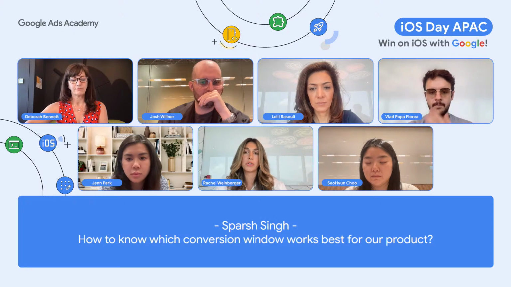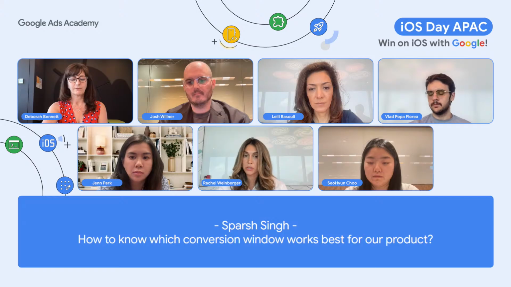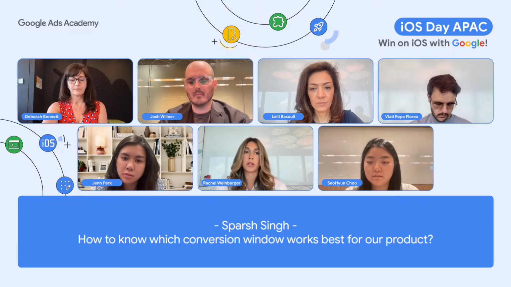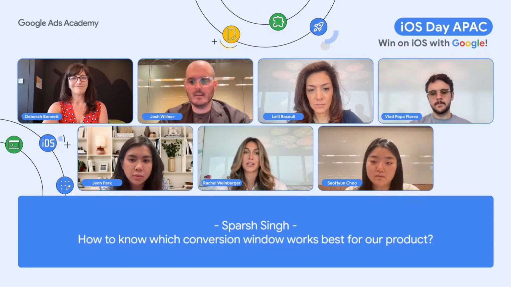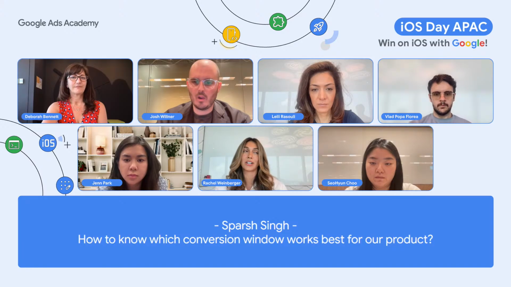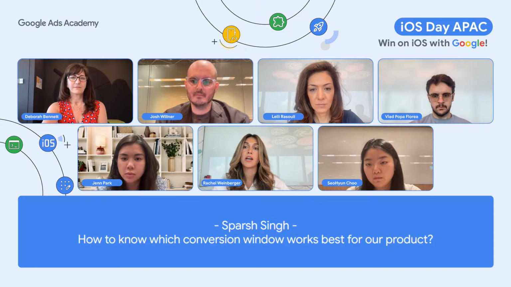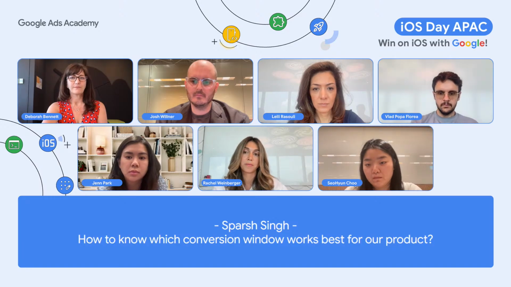So you want to choose a window where ideally a majority of your conversions, so over 50%, are happening within the window that you choose. But if the window that you care about is longer than you typically wait to judge performance, it may be worth considering optimizing for some sort of proxy conversion that happens more frequently in a shorter window.